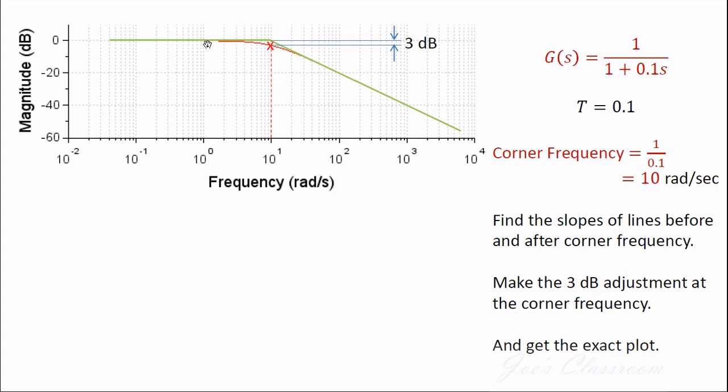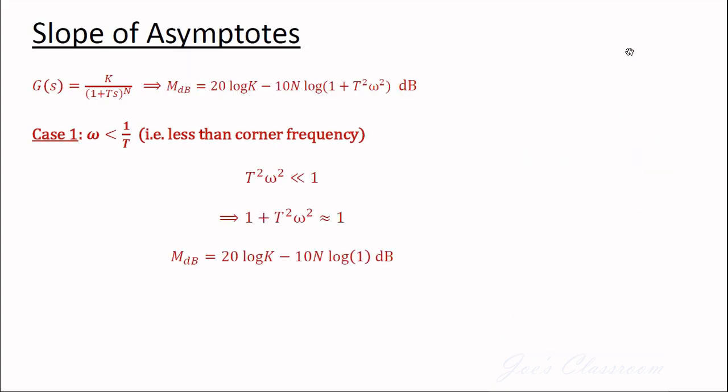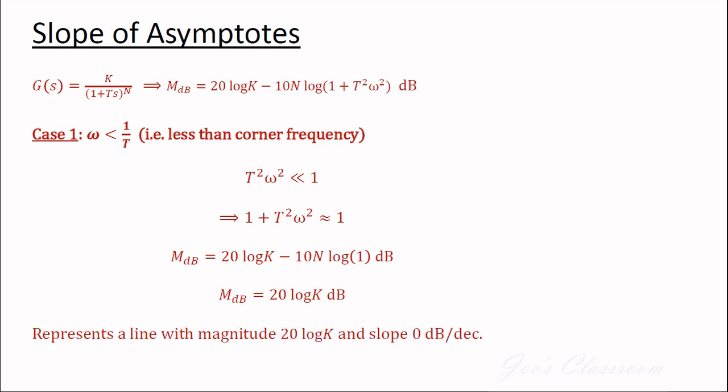So the magnitude of this line, the horizontal line before this corner frequency, is decided by the value of k, and it is equal to 20 log k. This is a straight line with a slope of 0 decibels per decade.